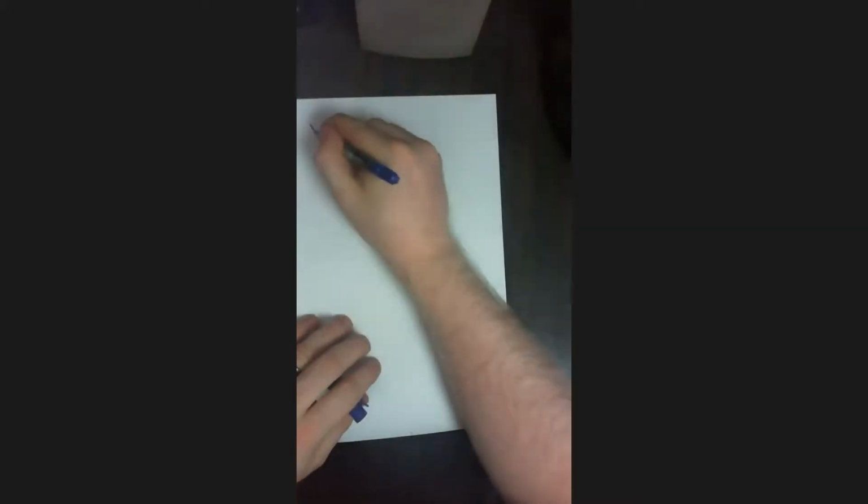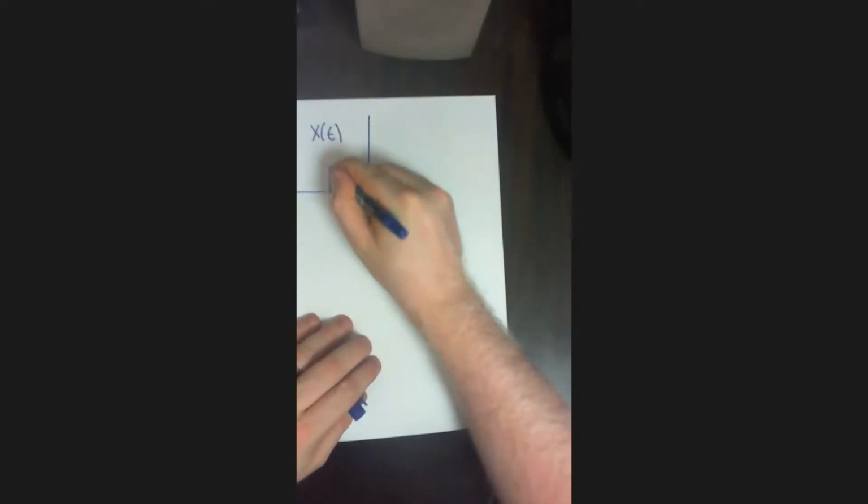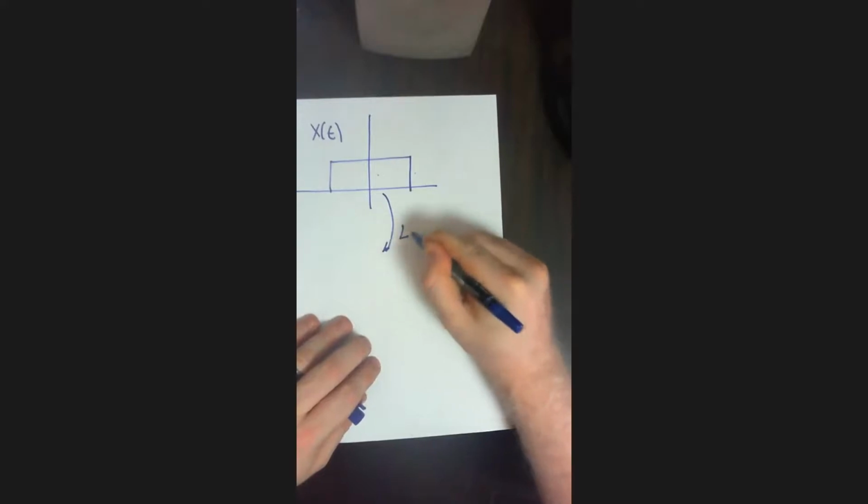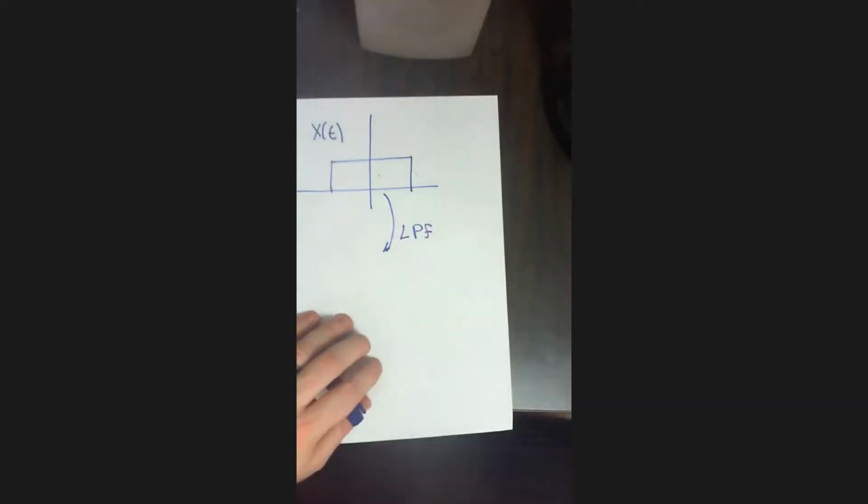So now we have x of t, which is the input signal. It looks like a rect function. And this rect function passes through what we can call a low-pass filter. The main function of this low-pass filter is to get rid of high-frequency components.